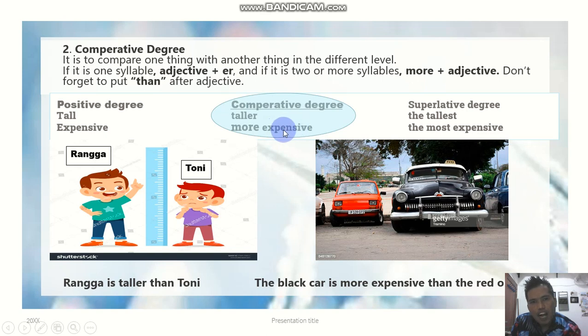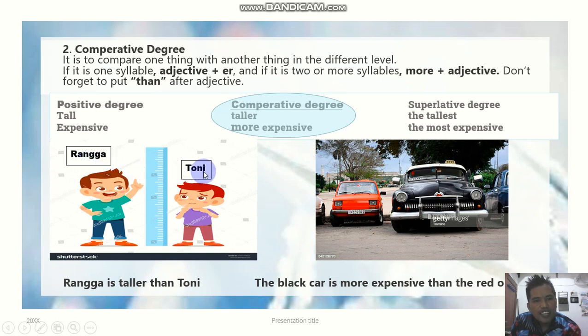Expensive. How many syllables do you think this adjective has? Okay, let's count together. Expensive. So there are three syllables, right? So that's why we have to put more. More expensive.